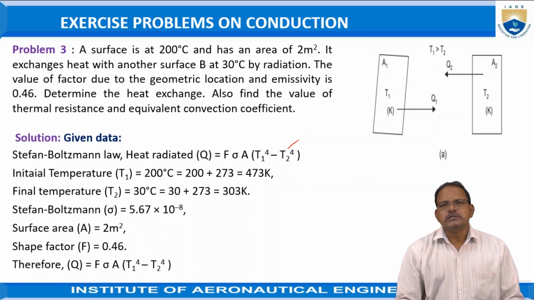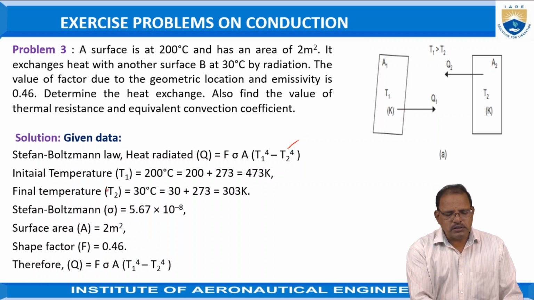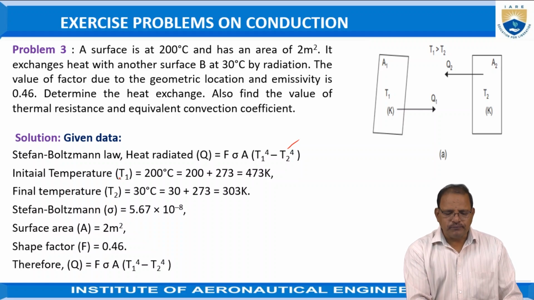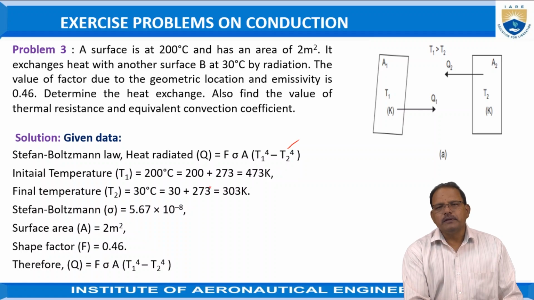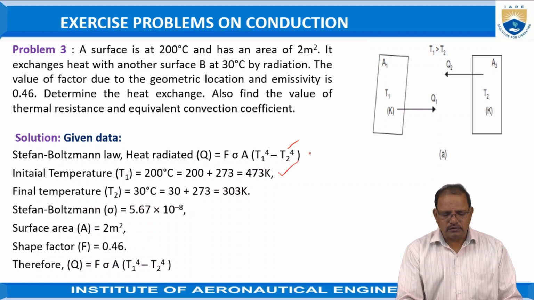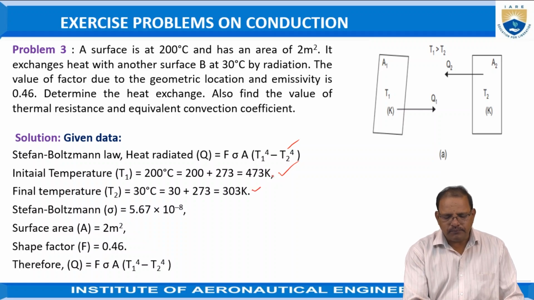So I am writing once again the given data. Initial temperature, from which the heat energy is flowing, is 200 degrees centigrade, which is 200 plus 273, equal to 473 Kelvin. Final temperature is 30 degrees centigrade, which is 30 plus 273, equal to 303 Kelvin.